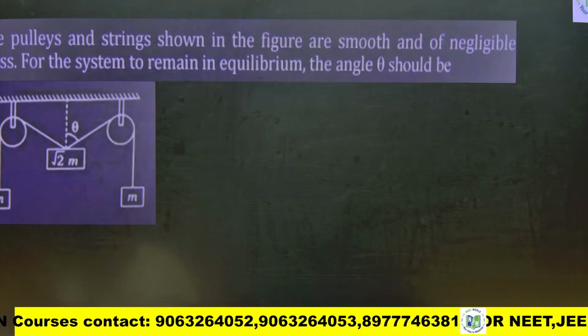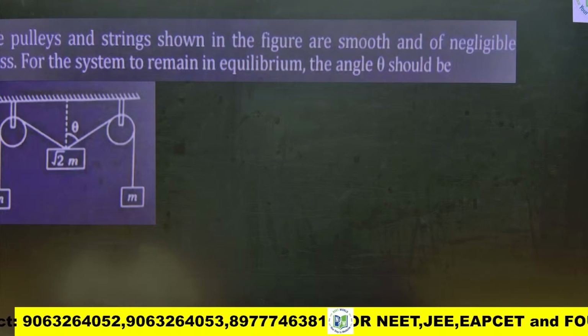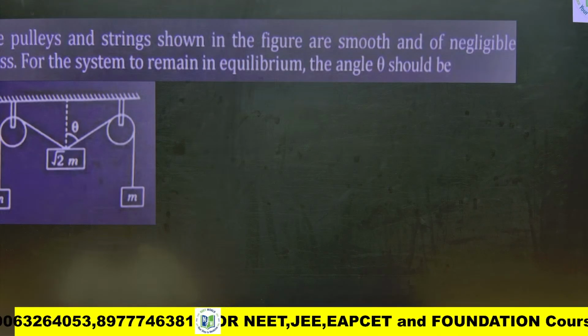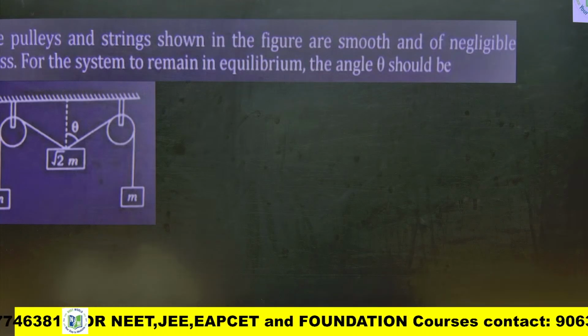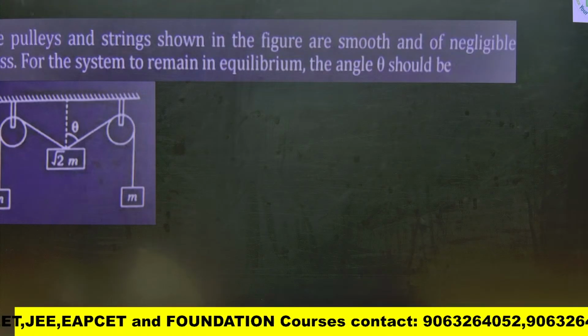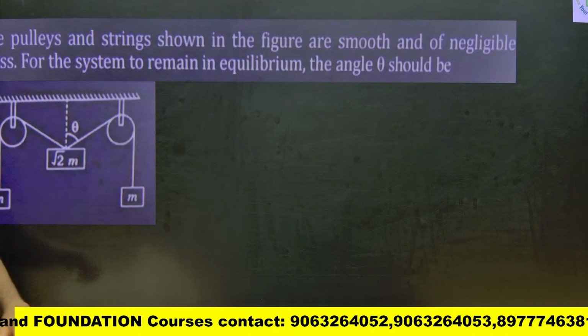A pulley and a string shown in the figure are smooth and of negligible mass. So no need to consider the mass of the string. For the system to remain in equilibrium, the angle should be equal to what? So directly I can't solve. And one more thing, if you see here, the string is changing.